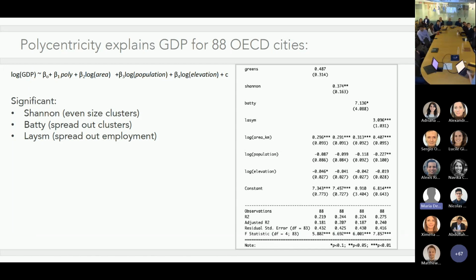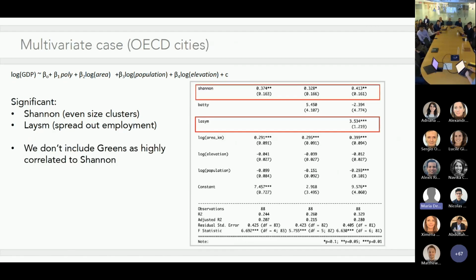Controlling for area, population, and elevation individually, Shannon, Batty, and Lassam are all significant for OECD, which was surprising to us, but they're all robustly significant. If we put them in together in a multivariate setting, we find a stronger result for Shannon and Lassam. This is telling us that cities with evenly sized clusters and employment that's really quite spread out over the urban area do tend to have higher levels of GDP per capita.